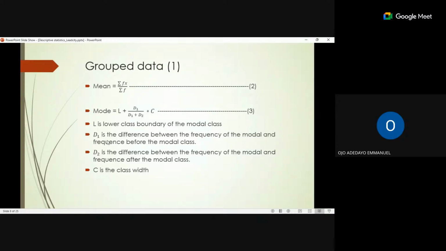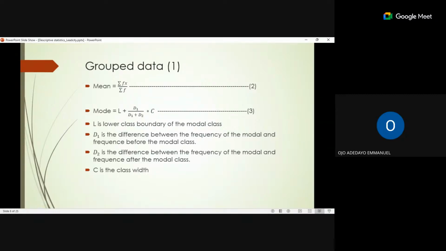Now D1 is the difference between the frequency of the modal class and the frequency before the modal class. Please note this: the modal class is the one with the highest frequency. Note that in your notes.